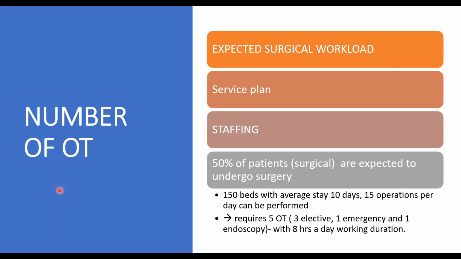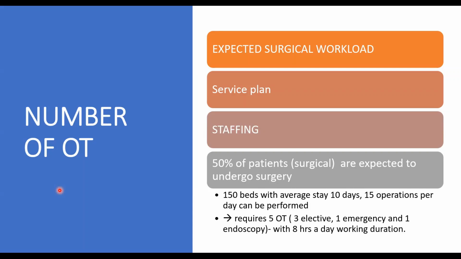As a guide, usually in a hospital with a certain number of surgical beds, only 50% of the patients are expected to undergo surgery. So if you have 150 surgical beds, with an average stay of 10 days, there will be 15 operations per day.